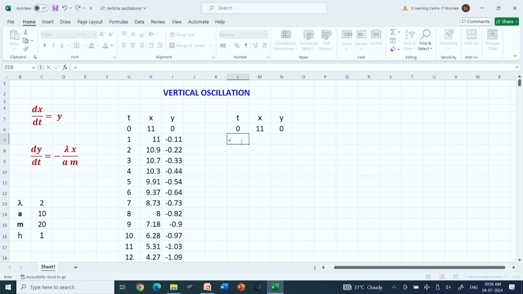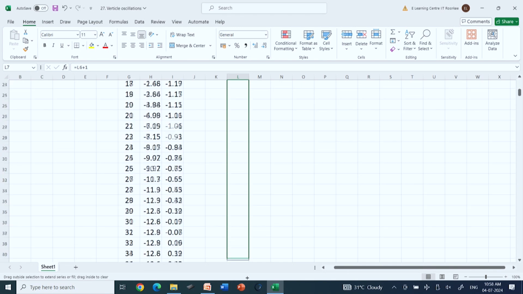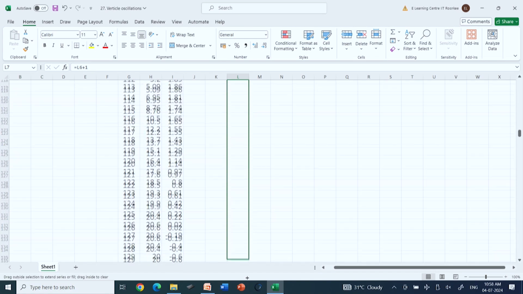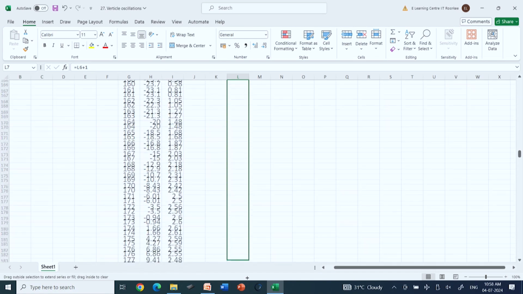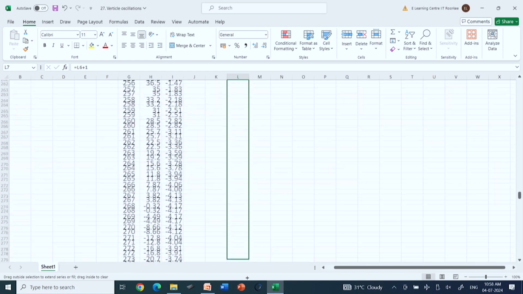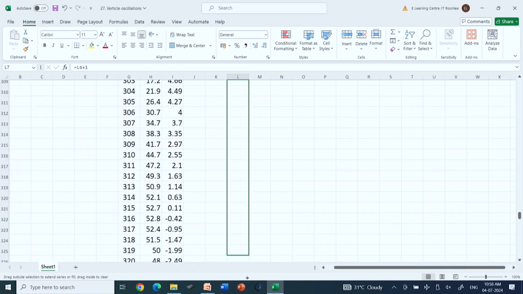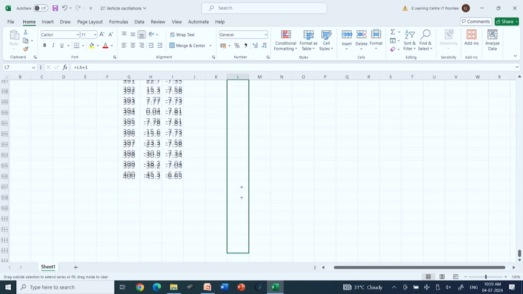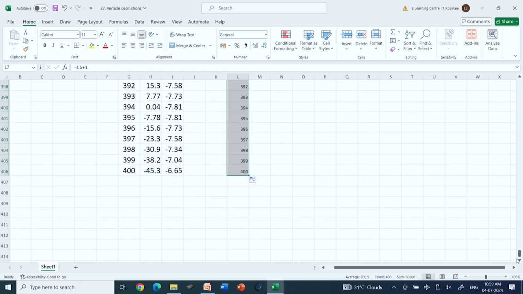This is equal to 0 plus 1, and let me drag them. The reason we are taking so many values is that there will be an oscillation, and when you take more values, the oscillations become much clearer. So, we take 400 of these values.